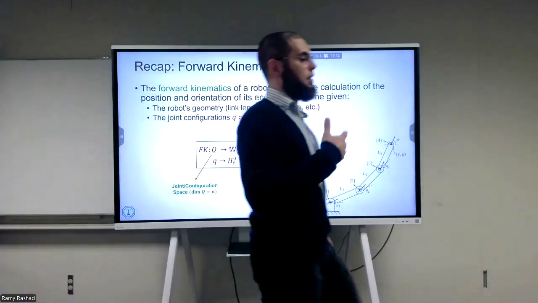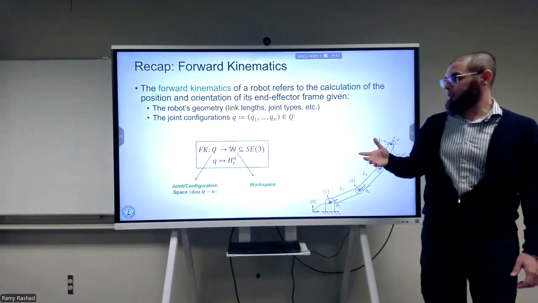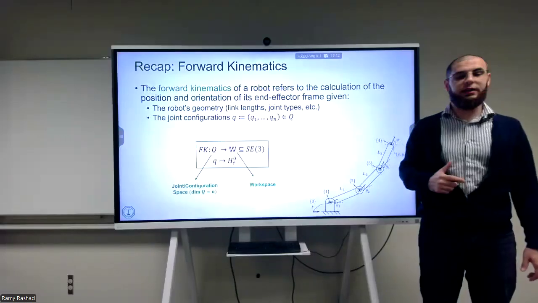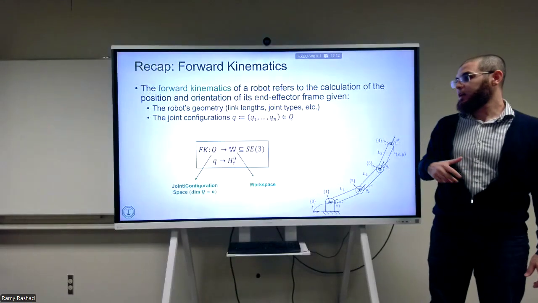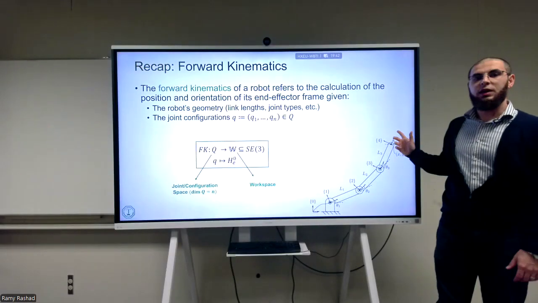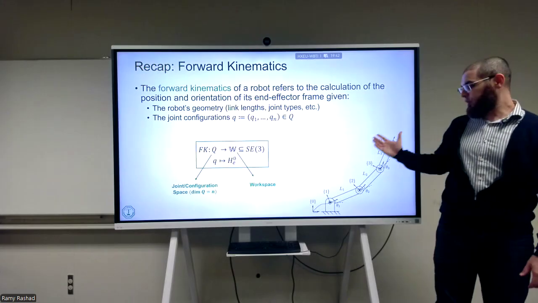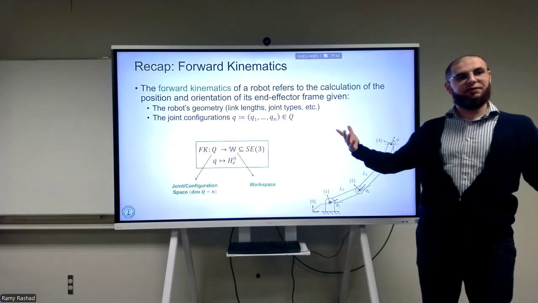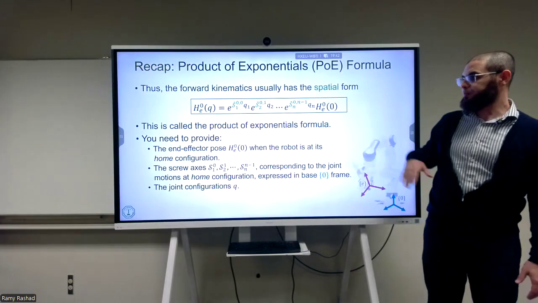And then we said that the forward kinematics is a map that will take all of the q's that you have for each of the joints, and in the end it will tell you what the pose of the end effector is with respect to the base of the robot. The base of the robot here is not moving, and thus the name fixed base manipulators.